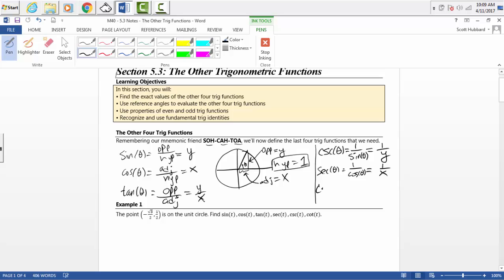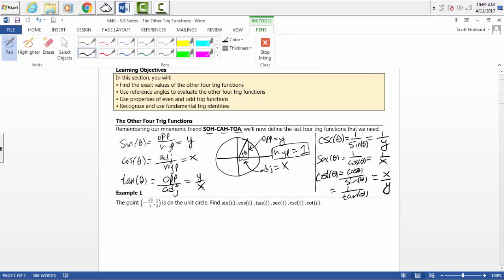And finally, cotangent of theta, well, that's cosine of theta over sine of theta. It's the same thing as 1 over tangent theta, just FYI. And so that's going to be x over y. So these 6 functions we're going to be using throughout, and they all come back to the unit circle. So if you know your unit circle, you can actually know 6 different functions at each angle.